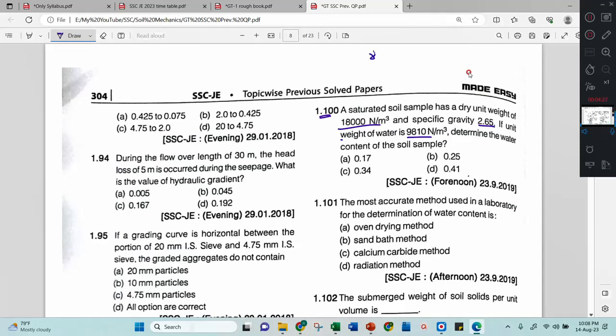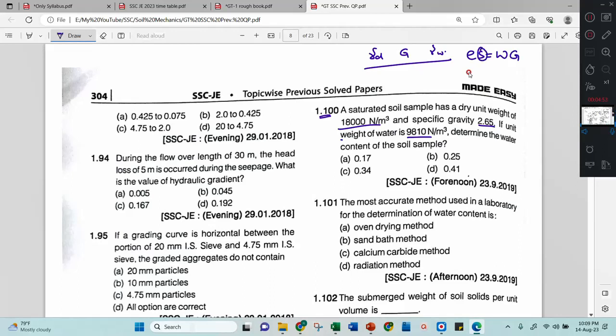Gamma d is given. G is given. Gamma w is given. No, no. Look here. eS equal to wG.